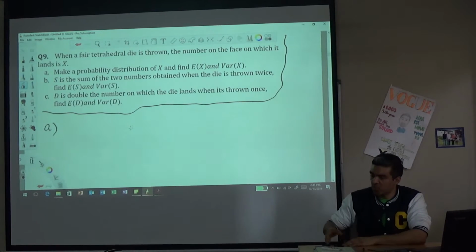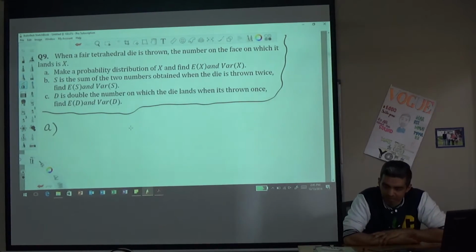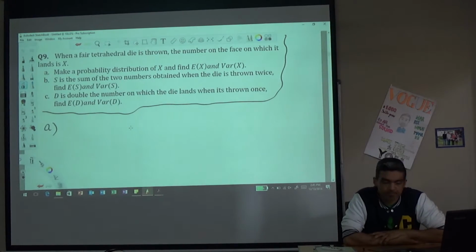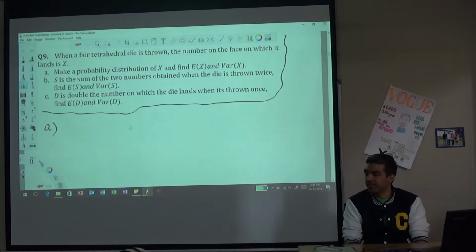Yeah, because you throw it and land on a triangle face, it has three sides to it. Pyramid shape. Yeah, it's a tetrahedron. A tetrahedron is a pyramid with a triangular base.